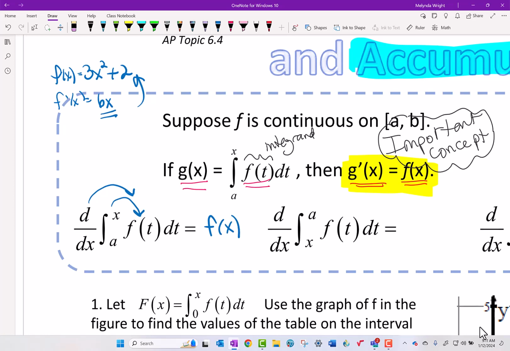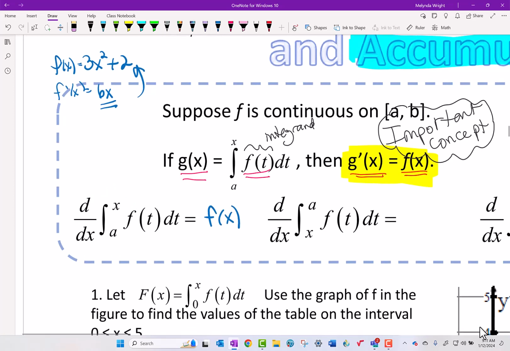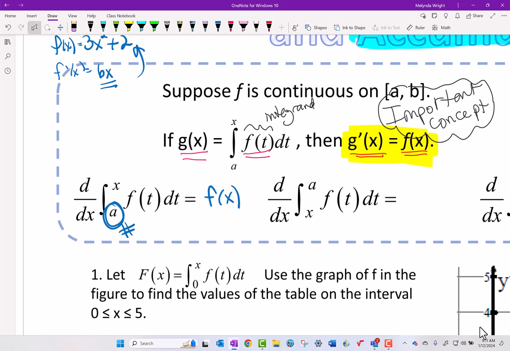And I'll show you, I'll give you an example of why it works. But if I take the derivative of the integral from a to x, this right here is just some kind of a number. Whatever kind of number, it doesn't really matter. To x, I will get f of x. Okay?